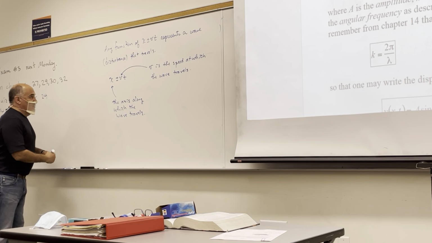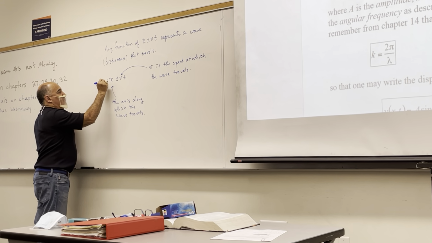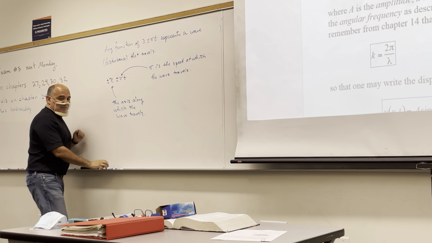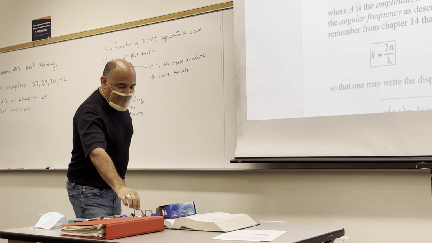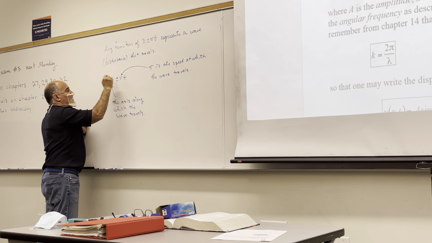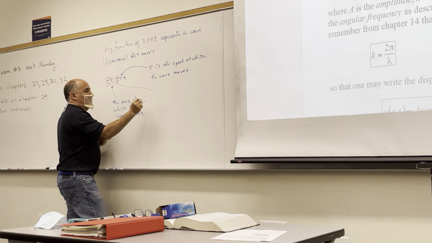Now, I should write it like this: plus or minus x plus or minus vt. These signs over here together, the sign of x and the sign of vt together, determine.